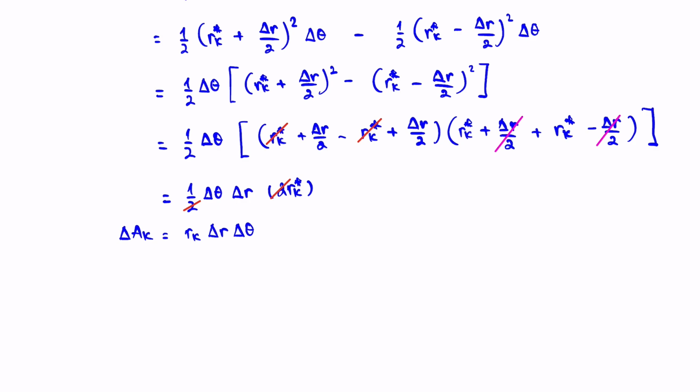So it's not as straightforward when you calculate the area of polar rectangles. It's not a direct translation from delta x delta y to delta r delta theta. There is an extra component, in this case r_k.